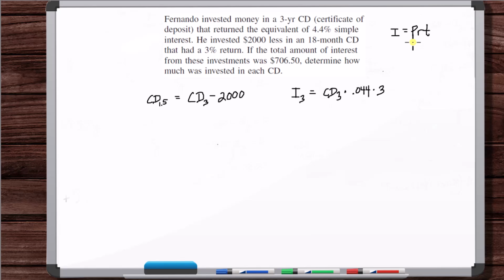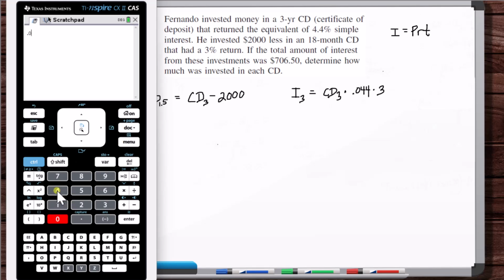You have an initial investment. If it earns this percent of that initial investment per year, but you don't compound it, like you don't keep accruing the interest and then changing the initial investment, because it's simple interest, then you just take that percentage of the initial investment, but multiply it. If it's 10 years, then it'll be 10. You'll have that 4.4% per year for 10 years. You see, so you just multiply by the T in years. Okay, so we've got 0.132.